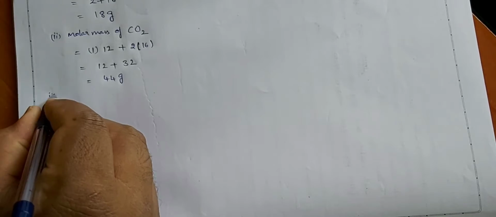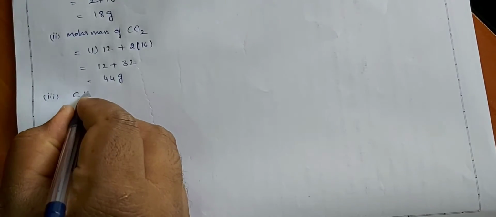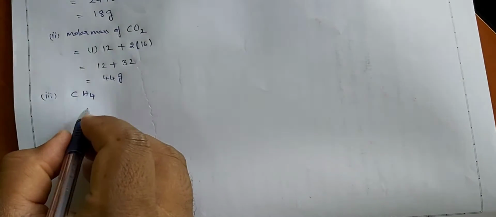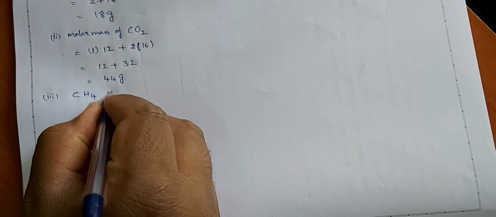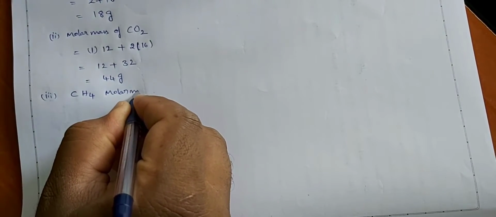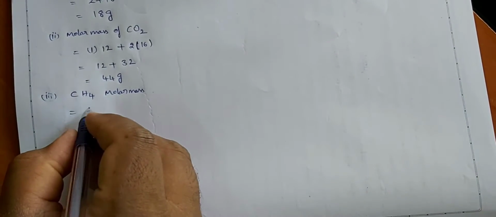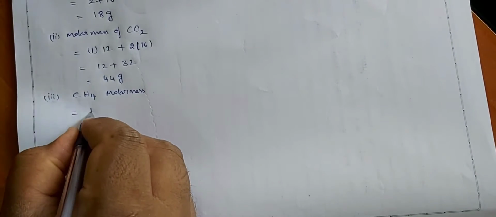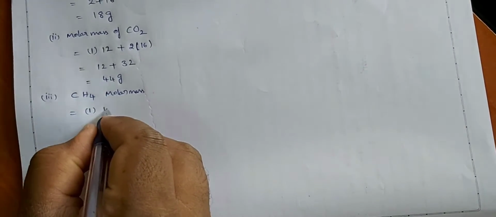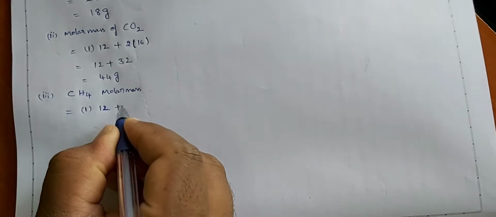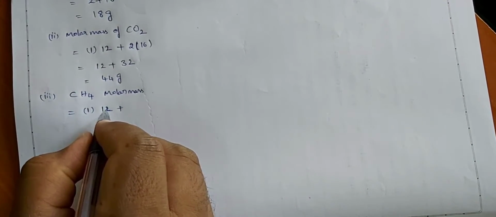Next, small 3. They asked CH4. Coming to CH4, molar mass is equal to, how many carbons are there? 1. 1 into 12 grams, since gram atomic weight of carbon is 12.